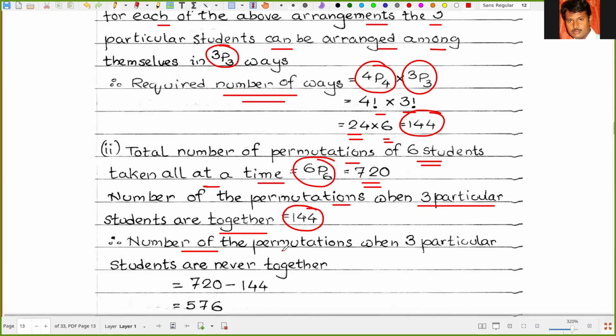So the number of permutations when 3 particular students are never together must be 720 minus 144, and the result is 576. So in that way, we can calculate the arrangements in order using permutation.